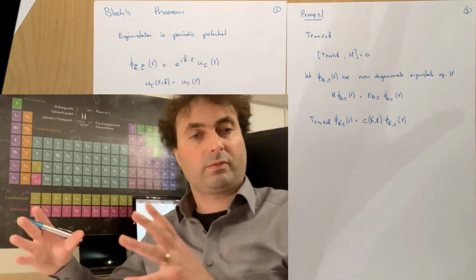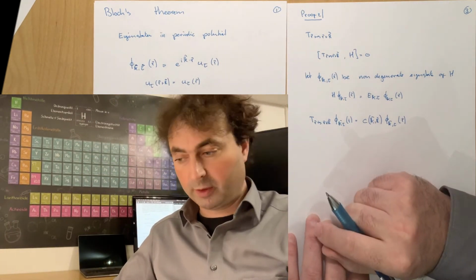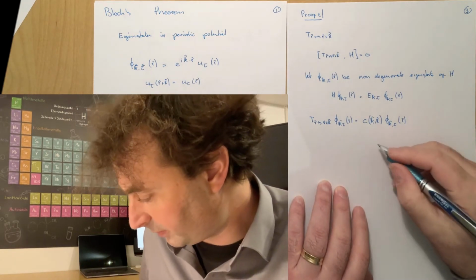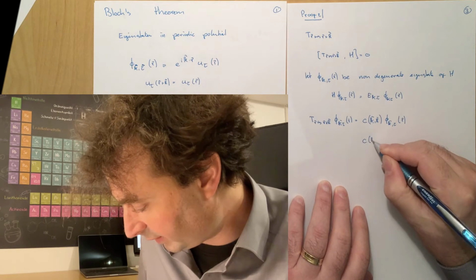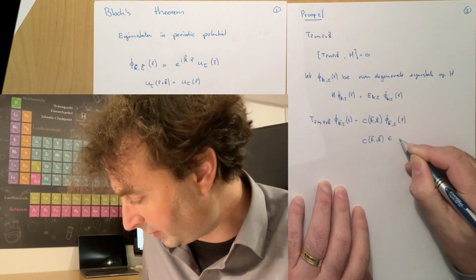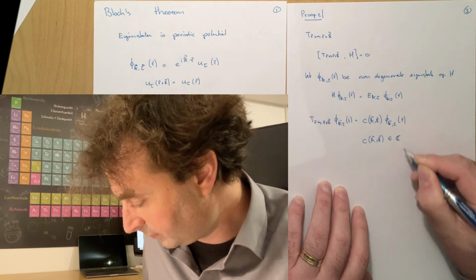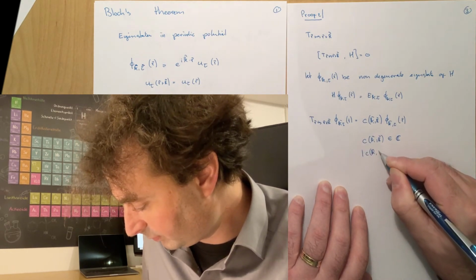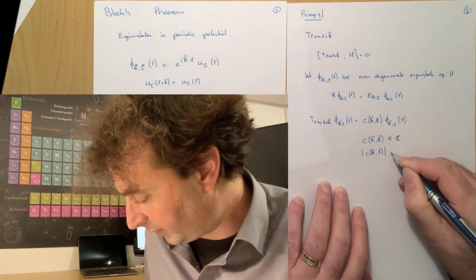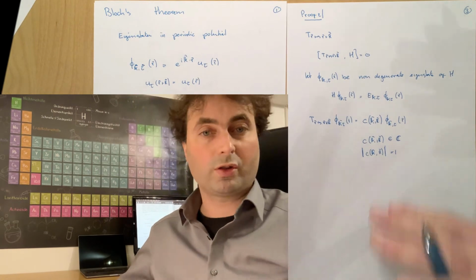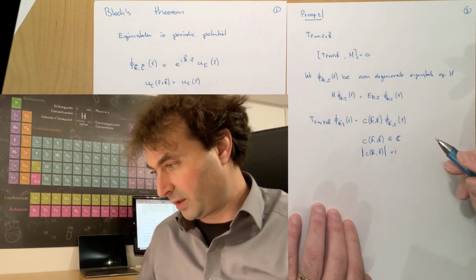Now a translation shouldn't change the norm of the wave function. You don't get more particles when you make a translation. So we know that not only is this some complex number, we also know that the norm of that number has to be 1, as the wave function doesn't change in normalization.